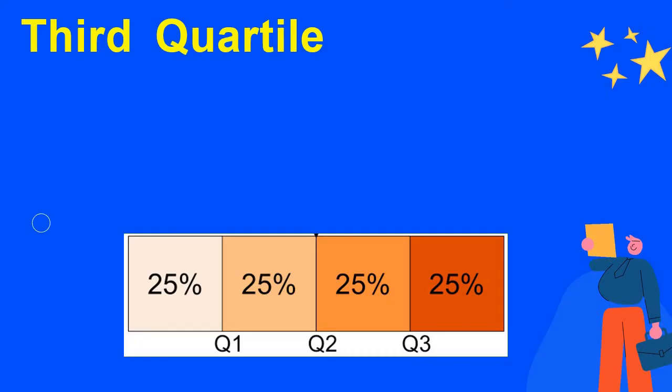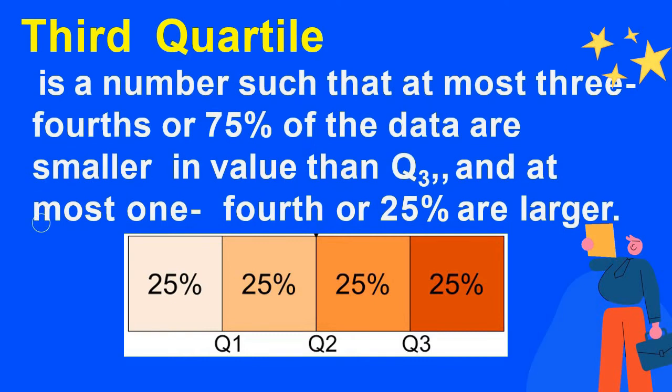Third quartile. This means it is a number such that at most 3/4 or 75% of the data are smaller in value than quartile 3, and at most 1/4 or 25% are larger. So we have here now the third quartile.